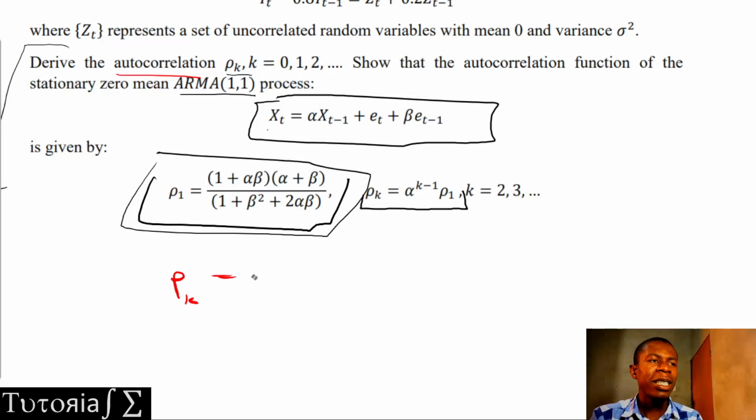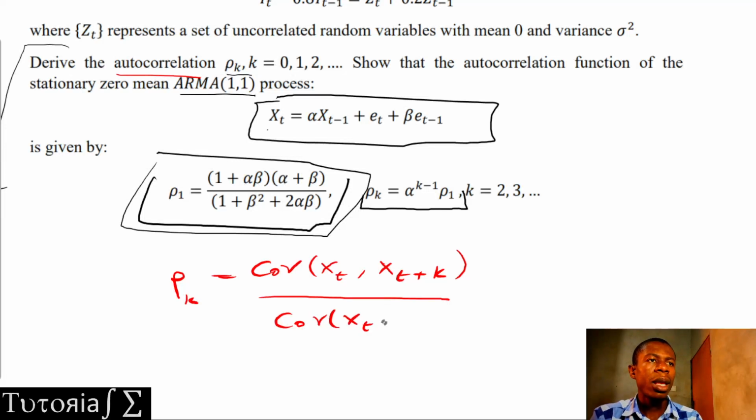The autocorrelation function is equal to the covariance of x_t and x_{t+k}, all over the variance, that is the covariance of x_t and x_t when k is 0.